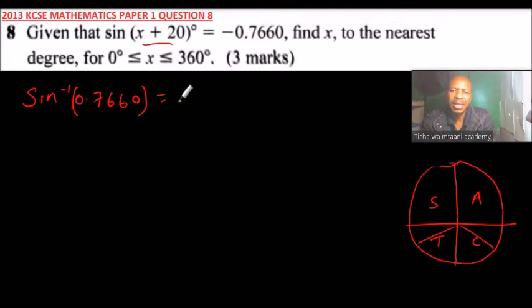This angle here will give us 49.99 degrees. So we say it is 50 degrees to the nearest degree.